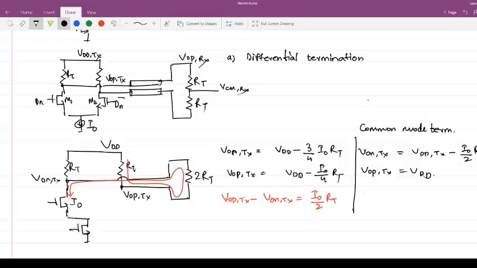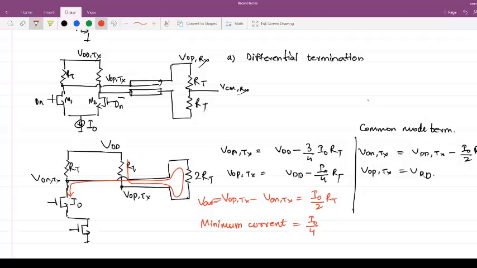The other important takeaway from this differential termination is that, in order to produce a swing of I0 by 2 RT across the receiver, the minimum current requirement is I naught by 4.